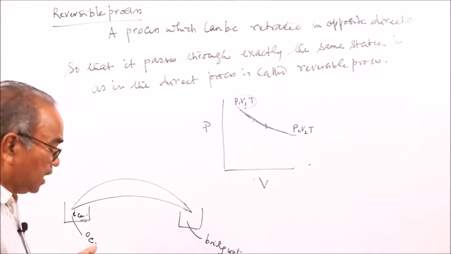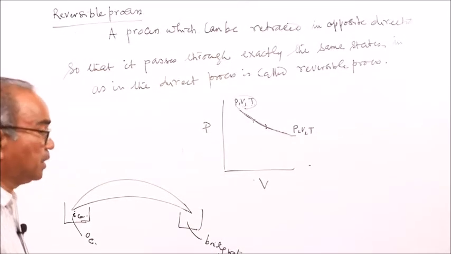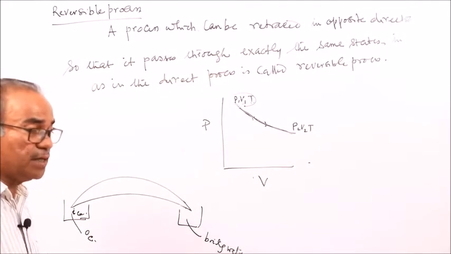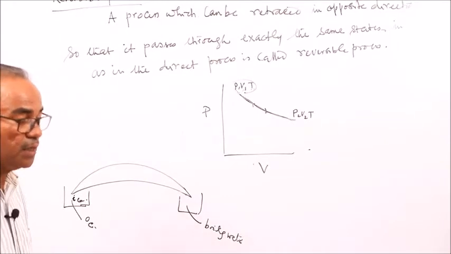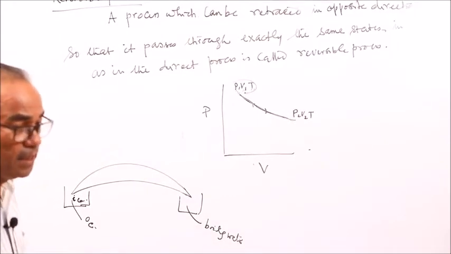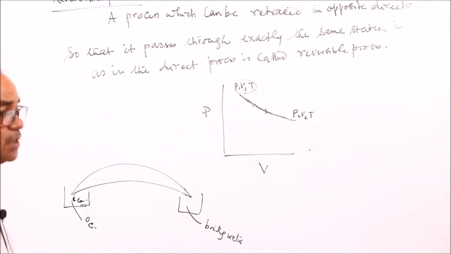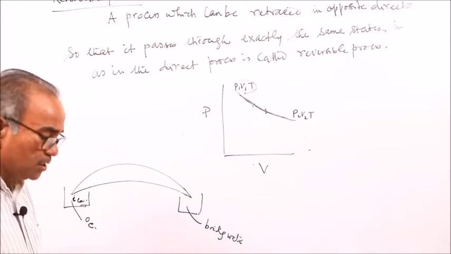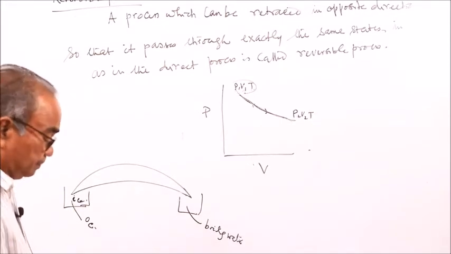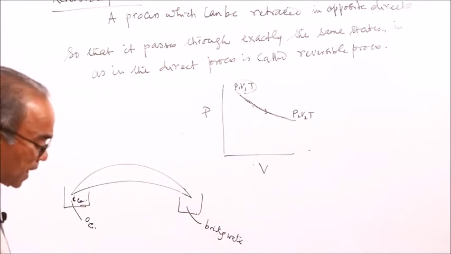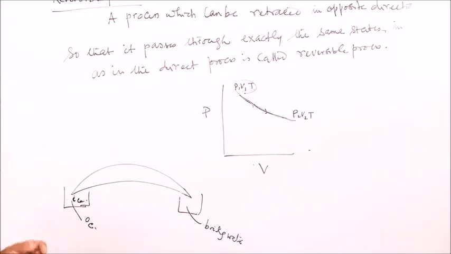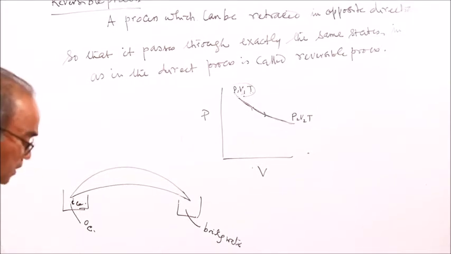So this is an irreversible process. Joule heating effect: if you pass current through a wire, the wire is heated, and the heat given to the surroundings you cannot bring back to the coil. Similarly, diffusion of gases into one another is an irreversible process. The process which is not reversible is an irreversible process.